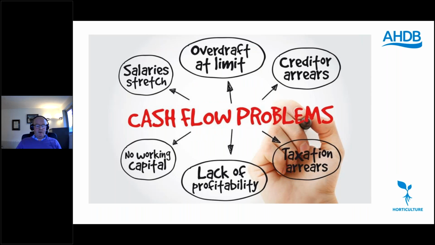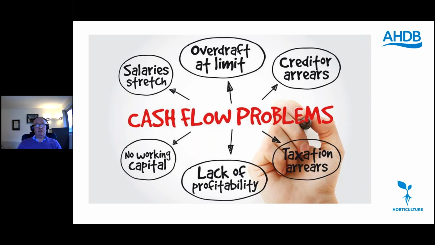So cash flow problems, what are they and what are the practical challenges you face? Neil's run us through it excellently there, the banking view. I'm sure some of you have come across one or two of these problems at certain times, whether it be your spring cash flow period in the ornamental sector, where you've got a lot of stock and you're waiting to be paid. It could be creditors owing you money.